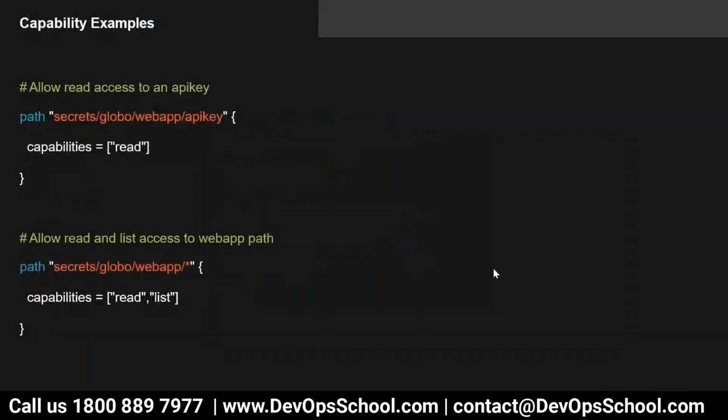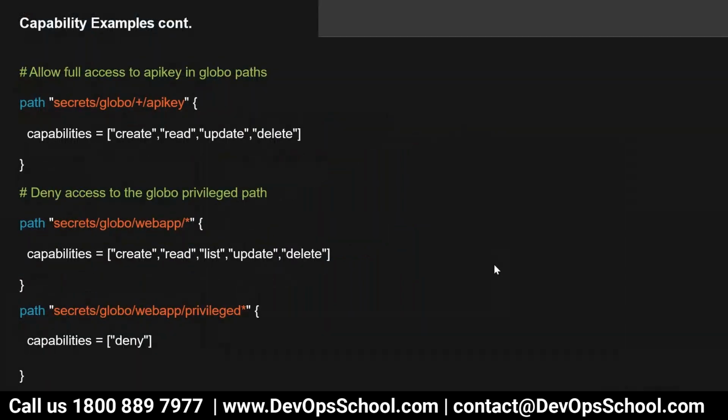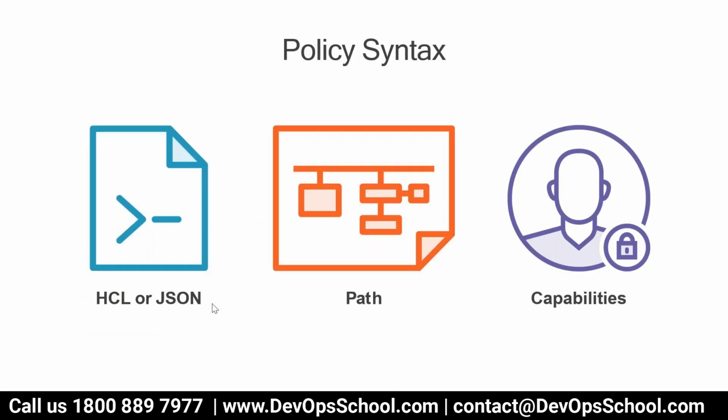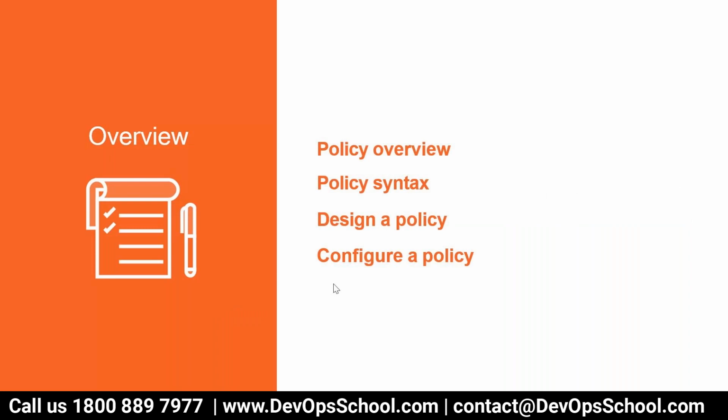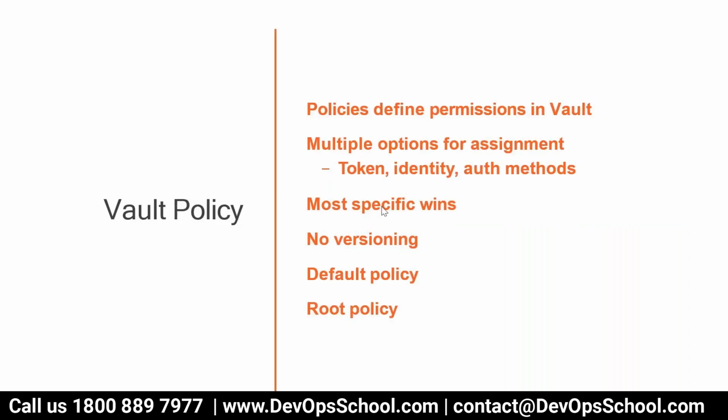Now if you see, here you are giving read, create, update, and delete, and here you see the plus. That means between Globo and API key, it can be anything. Anything after the web app, you are giving the create, read, list, update, and delete access. Remember this rule, which says most specific wins.